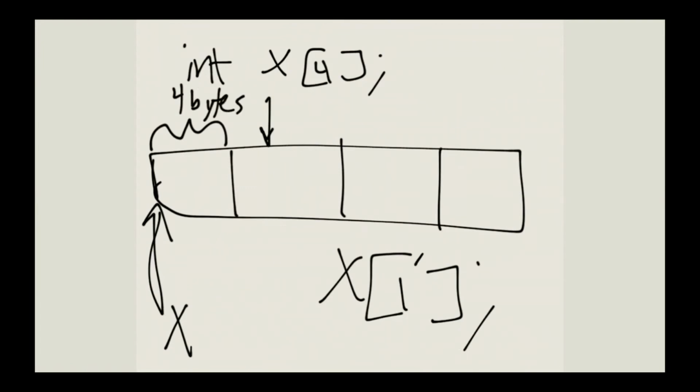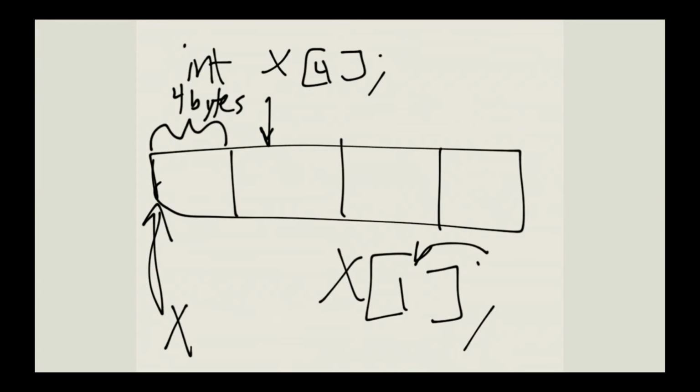So an offset of 1 really means an offset of 1 times the size of whatever the type of the array is. So this is an array of integers, so it knows to do 1 times size of int when it wants to offset. The other syntax, so remember that this is equivalent to star of x plus 1. So this syntax also means when I say pointer plus 1, what that returns is the address that the pointer is storing, plus 1 times the size of the type of the pointer.